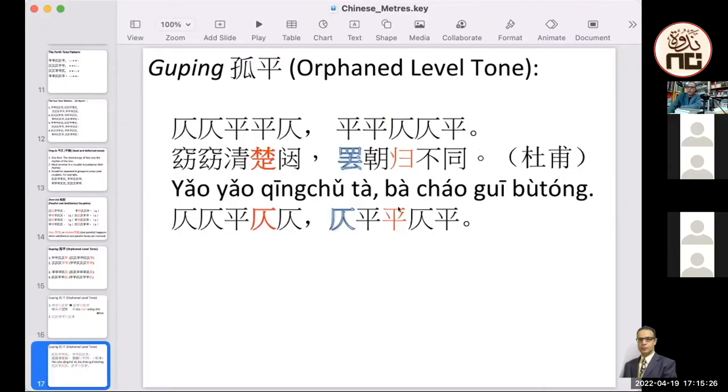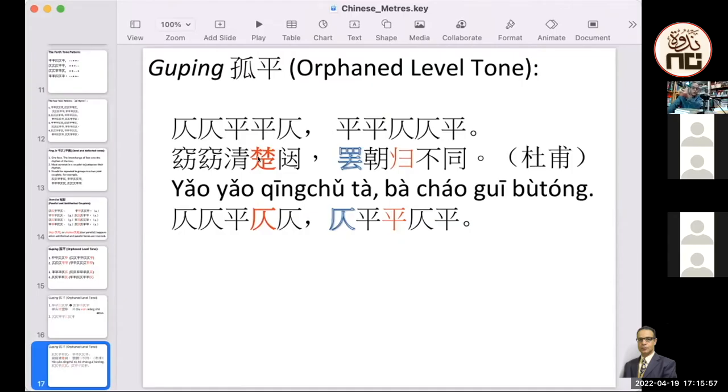Let's have another example, a poem by Tufo here. The original pattern is zi zi ping ping zi, ping ping zi zi ping. The rhyme is ping. What Tufo did is that he changed the 4th tone, which should be ping, but here sing chu is zi. And this is, as I said, one of the pivotal tones, the 2nd, the 4th, the 6th.